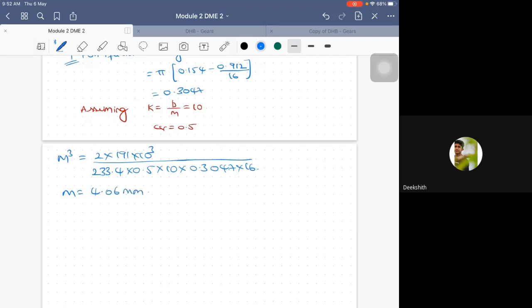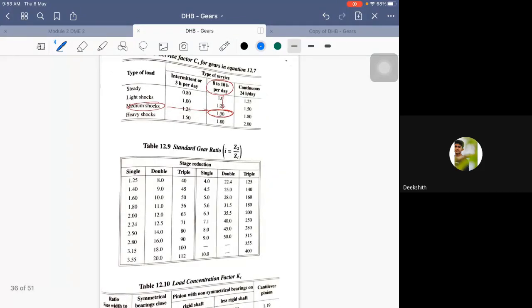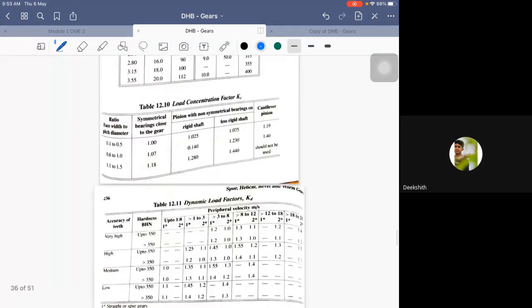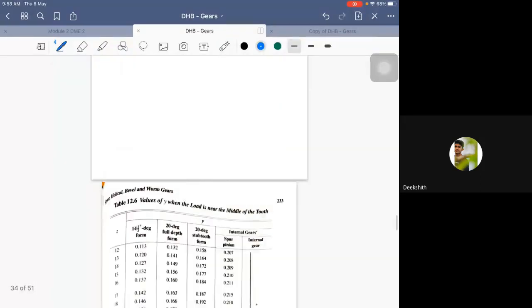Now, therefore, what you have to do is standardize the above value. So m you can take from the table again, the module table. What is the standard module, guys? Just check and give me the value.